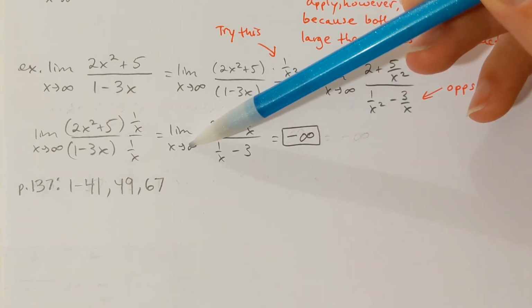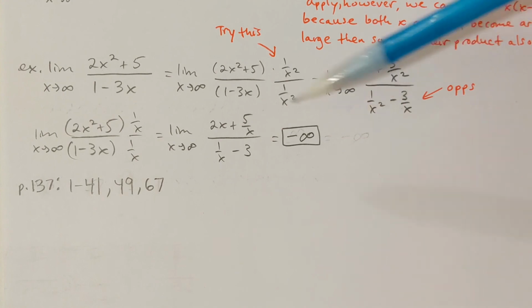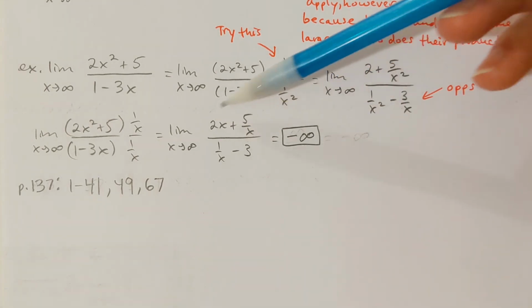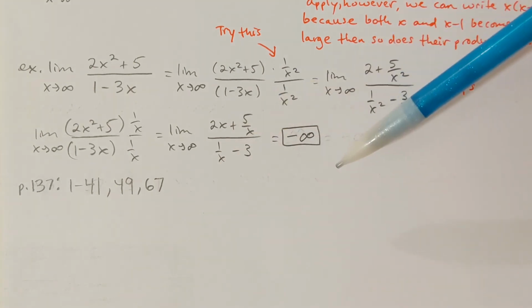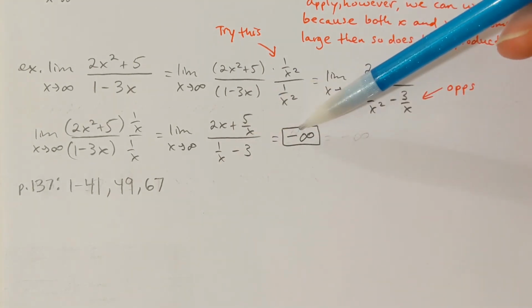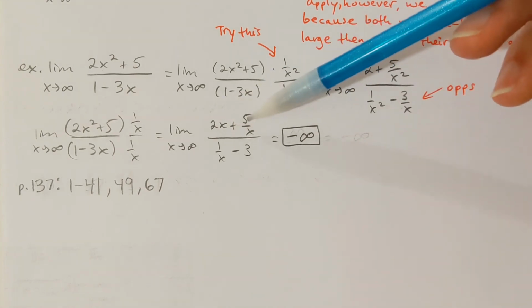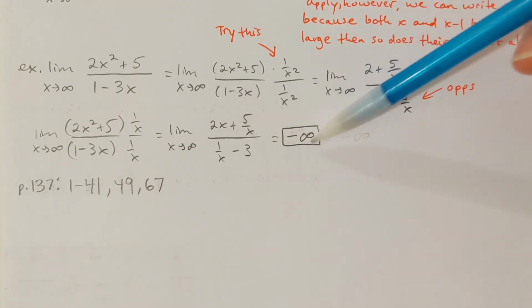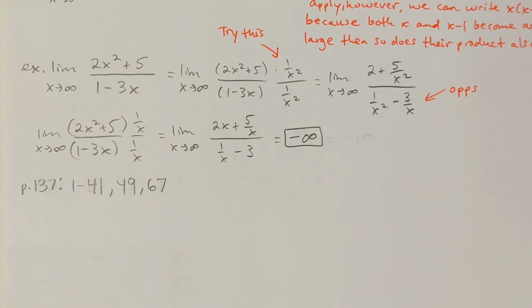And now x is growing without a bound, so 2x would be growing without a bound. So in the numerator, I've got something growing without a bound. In the denominator, I've got negative 3. Well, that's going to give me negative infinity, right? If I've got something growing without a bound divided by a negative, I get negative infinity as the answer.